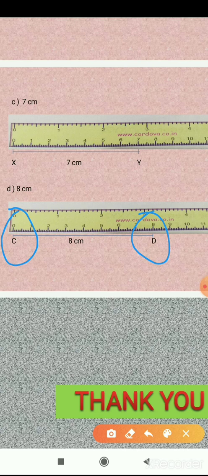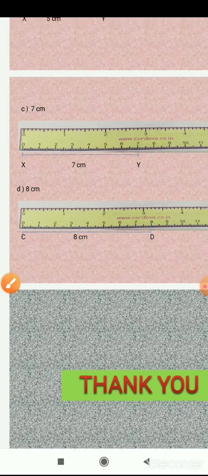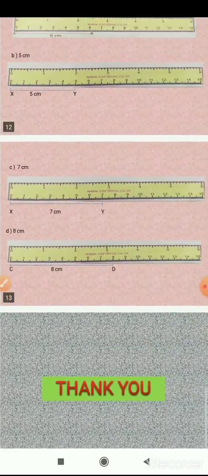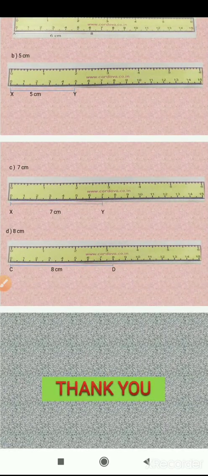Then draw a line along the edge of the ruler from C to D. So CD is the required line segment of length 8 centimeter. In this way, here we draw a line segment of given length. Understood how to draw the line segment of given length.